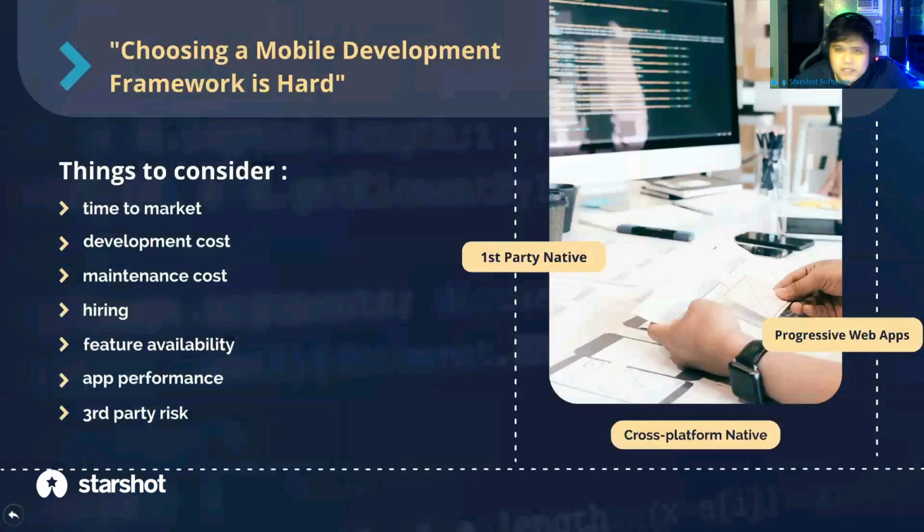When we started using cross-platform, we started using PhoneGap, and we noticed that there's a delay when you tap a button. It's not that responsive. If you compare an Ionic application and a native application, you will see the performance difference between the two.